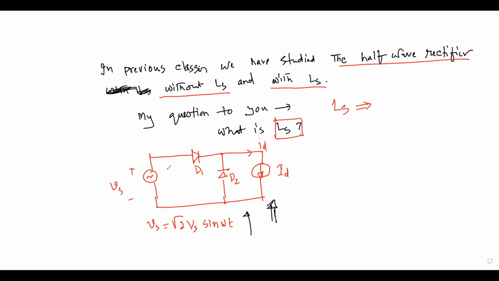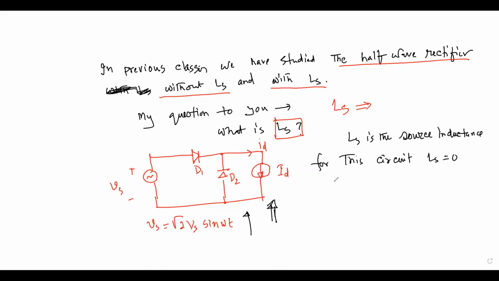Here, look here. We did not consider any source inductance. So LS is the source inductance. I'm not asking anything. I'm just continuing. LS is the source inductance. For this circuit, LS was 0.